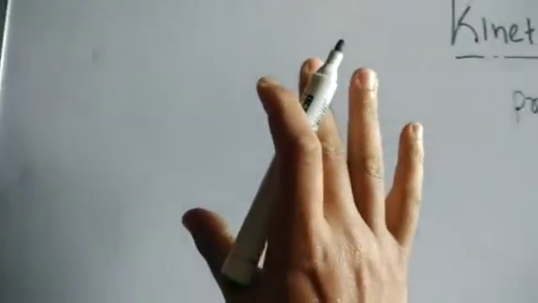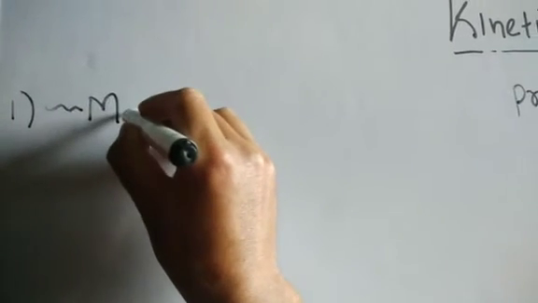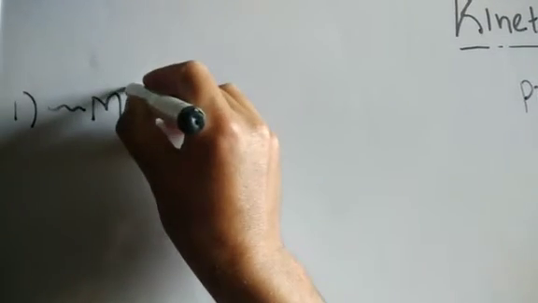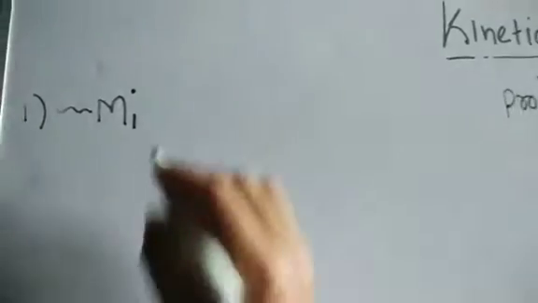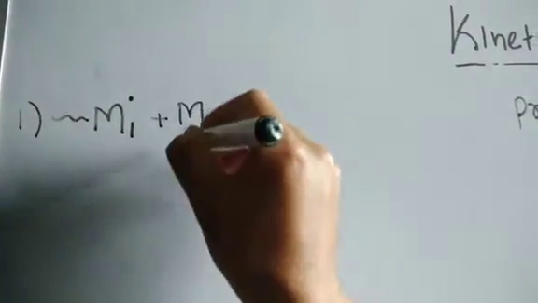So there are various possibilities in the propagation step. First possibility is that we have generation of radical 1, a chain has a radical M1, and then that reacts with monomer of its same.